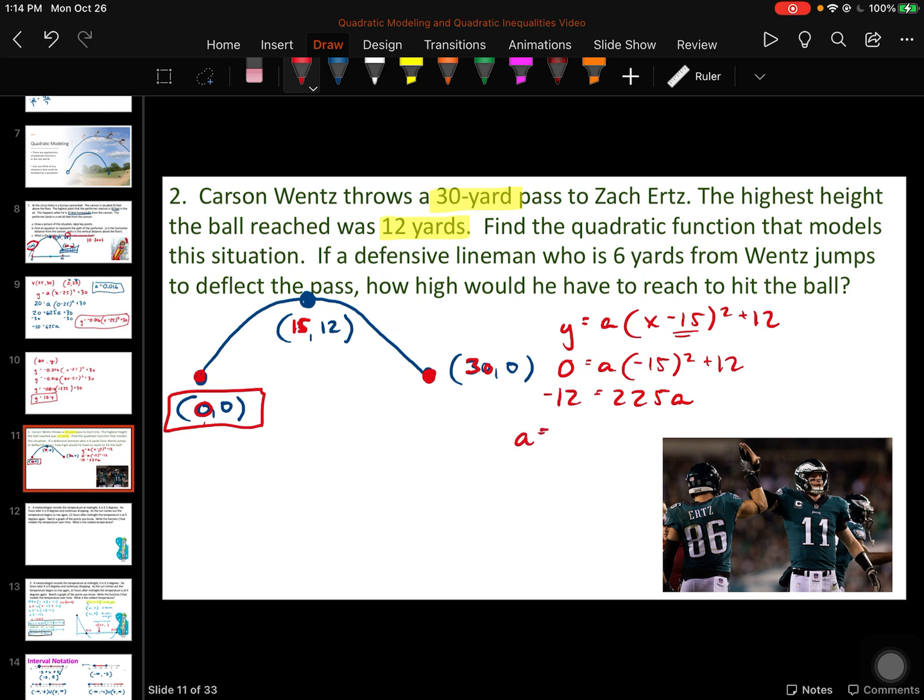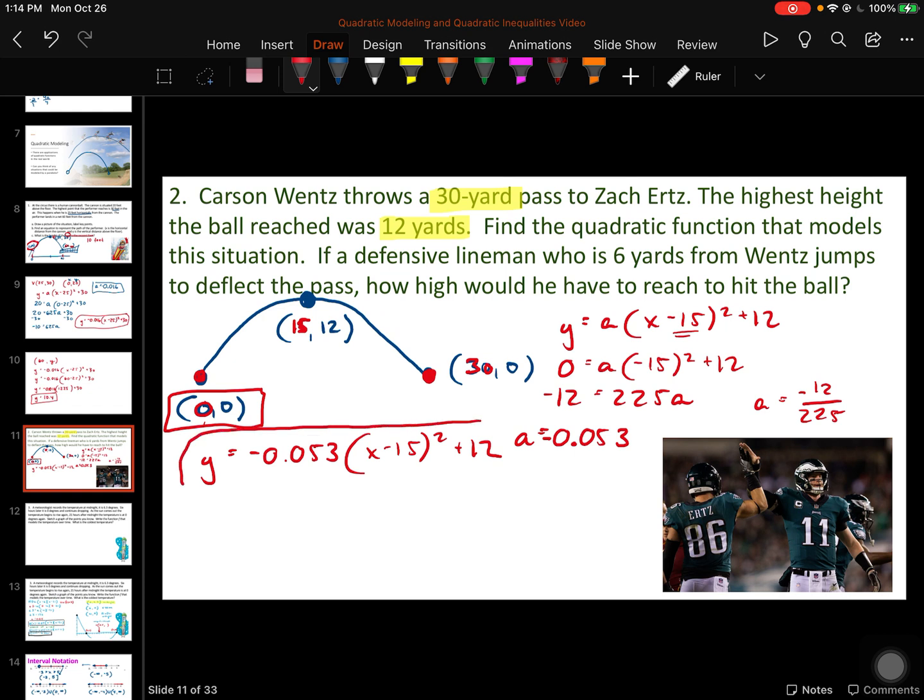You get a is equal to negative 0.053. And we'll leave it just like that for your a value. So your equation is y equals negative 0.053. If you wanted to leave it as negative 12 over 225, that's also fine. And then this is (x minus 15) squared plus 12.